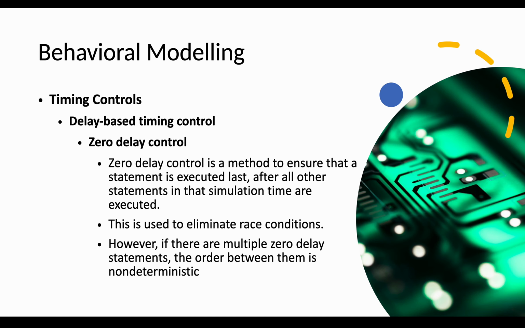Then the next one is zero delay. Zero delay control is a method to ensure that a statement is executed last after all the statements in that simulation time are executed. This is used to eliminate a race condition. However, if there are multiple zero delay statements, the order between them is non-deterministic.